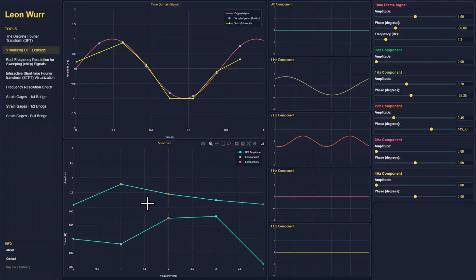The good part is that the energy of your input will be bound by the spectral lines close to the frequency of the original signal. So I have a signal of 1.3 Hz, and you can see that the highest amplitudes are indeed close to that frequency here, and the other frequencies are lower.